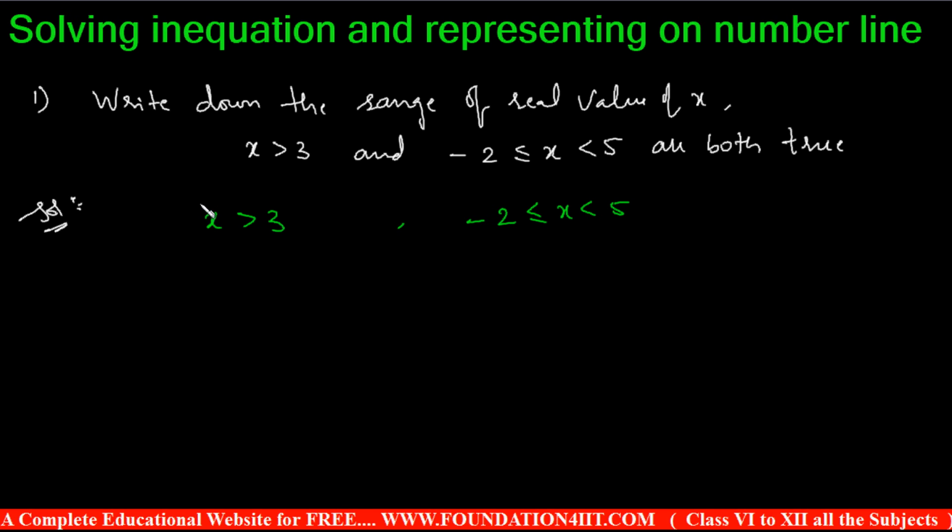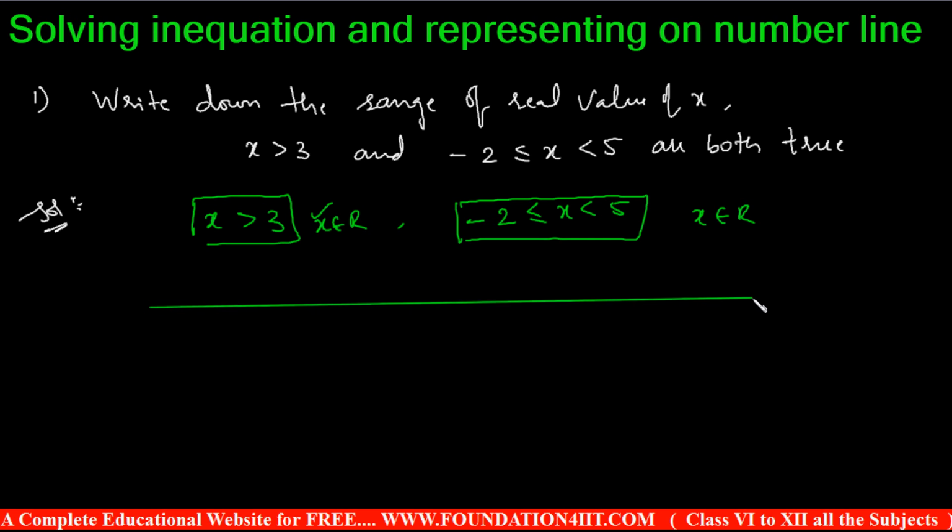So according to that, for both we'll use the same type of graph. First we'll use it for the first one, that means x is greater than 3, and everything is for real values. Here also x belongs to the real numbers. So let us take the same type of lines for both.